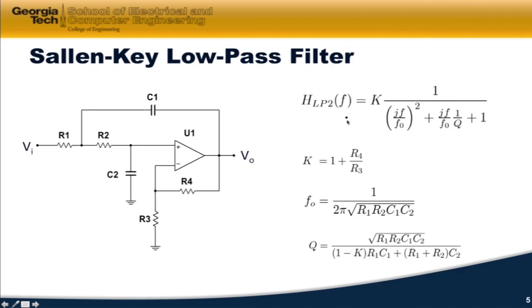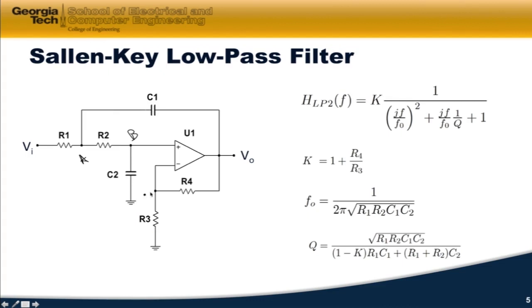One way to arrive at this transfer function is to use a node analysis, writing node equations at this node A and this node B, and you also use what you know about ideal op-amps, that the voltage at this terminal is equal to the voltage at this terminal because we have negative feedback. We can solve for the voltage at this terminal using voltage division: Vout times R3 over R4 plus R3 is this voltage because there's no current into this terminal, and this voltage is equal to the voltage at node B.